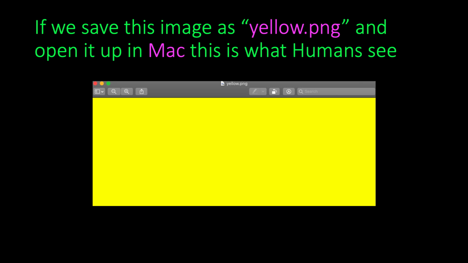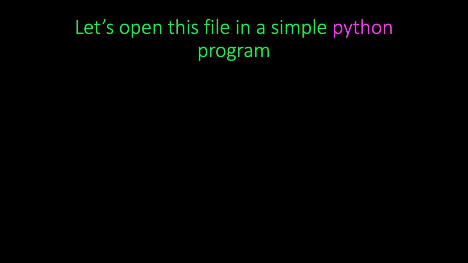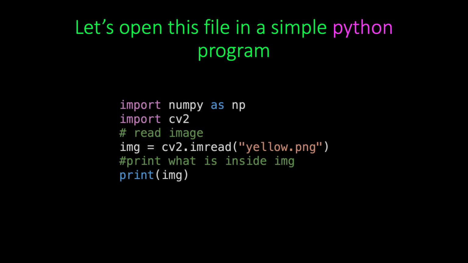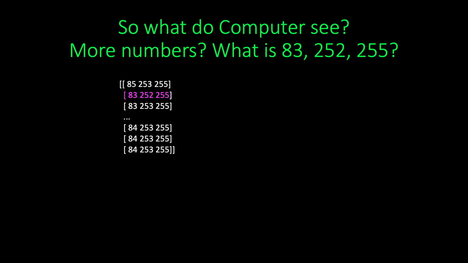What do computers see? We save the image, call it yellow.png, and open it on a Mac in an image program, and we see yellow. If we open up the same thing in a Python program, we are importing NumPy and CV2, and we are opening yellow.png to see what is inside it, and we see the numbers 83, 252, 255.